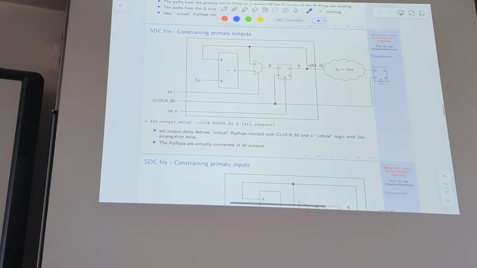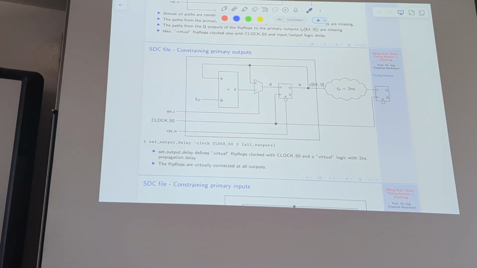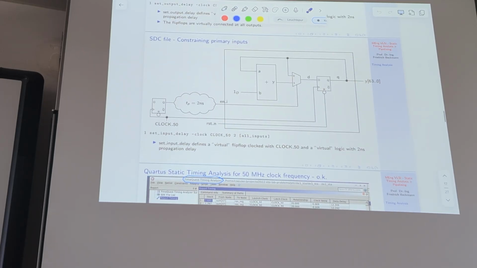I showed that setting an output delay will introduce a kind of virtual flip-flop plus some logic that is in front of the D input of this virtual flip-flop, and hereby constraining the output paths to primary outputs, and an input delay which will constrain input paths from primary inputs to D flip-flops with the same idea.